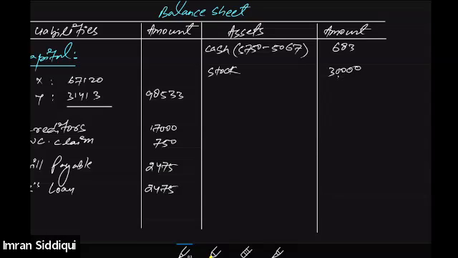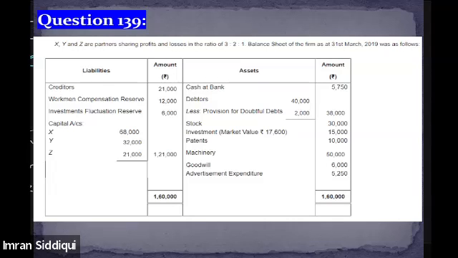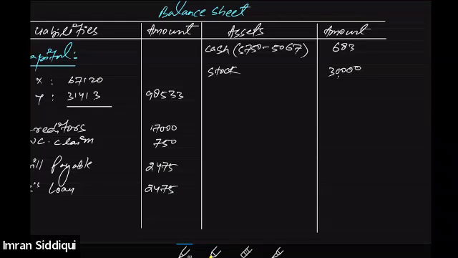Then patents were also there, right? Patents were 10,000 and reduced by 2,000. So the current value of the patents will be 8,000. We had debtors of rupees 40,000, upon which we have made a provision for doubtful debts of 6%.